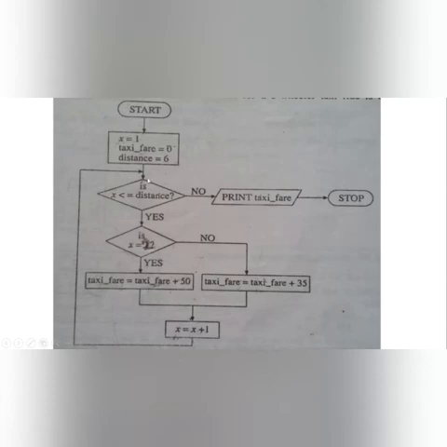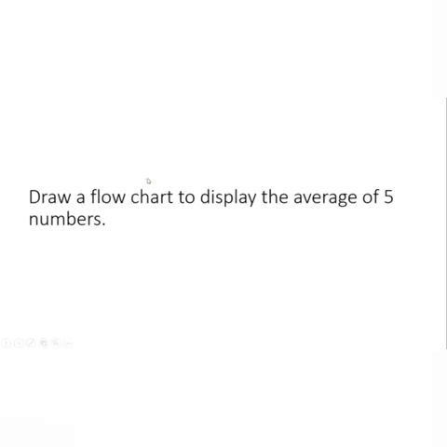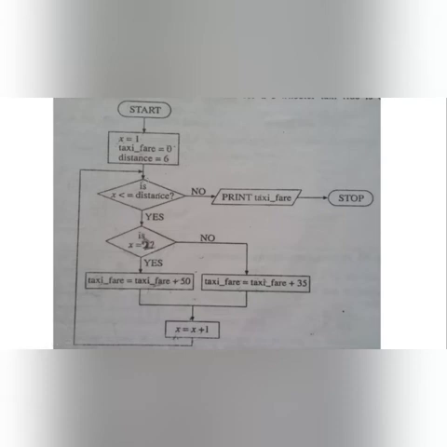And in the boolean, they're asking us again, is 4 less than or equal to 6? Since the answer to that question is yes, 4 is less than 6, we go in the yes path.